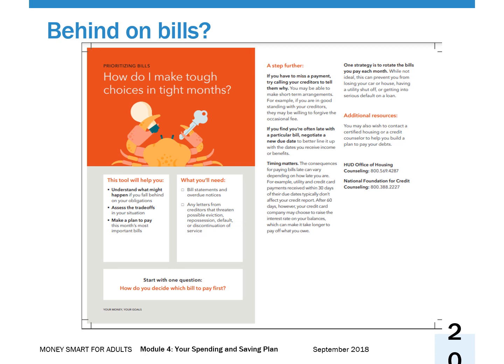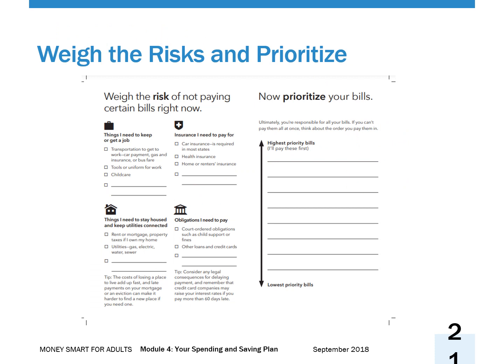And then of course you can look into additional resources. A couple it has listed: the HUD Office of Housing and Counseling, and the National Foundation for Credit Counseling. Additionally, on the same document or website, it talks about how to weigh the risks and prioritize.